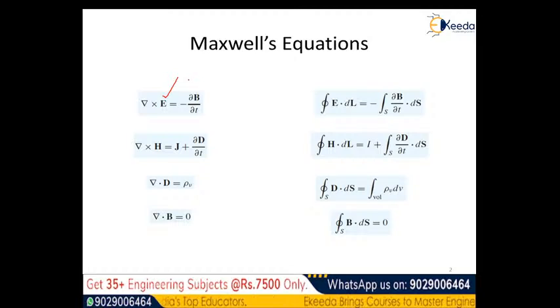The electric field exists due to static charge, so the strength of the electric field depends on the magnitude of the static charge. The electric field is mostly described by capital E, the electric field intensity. In this equation you see the electric field on the left hand side.